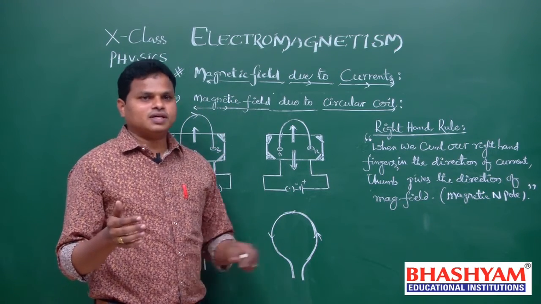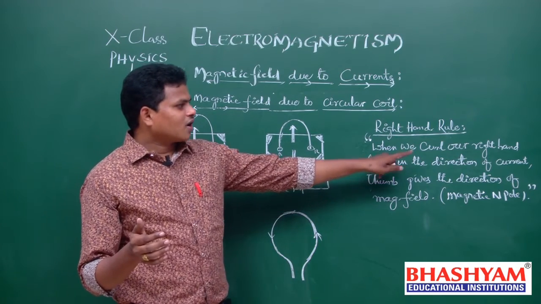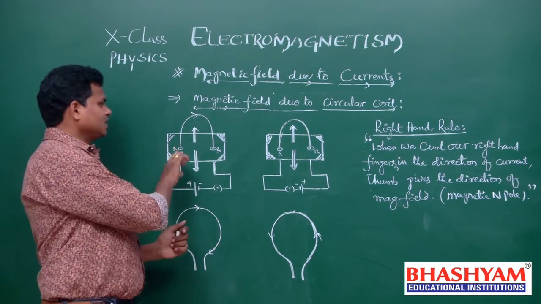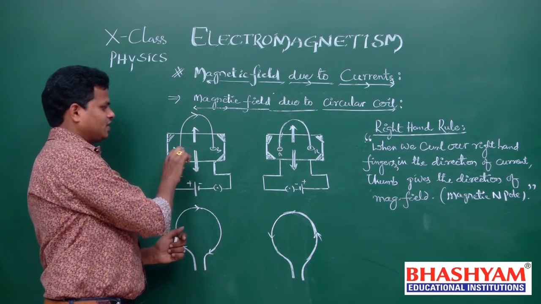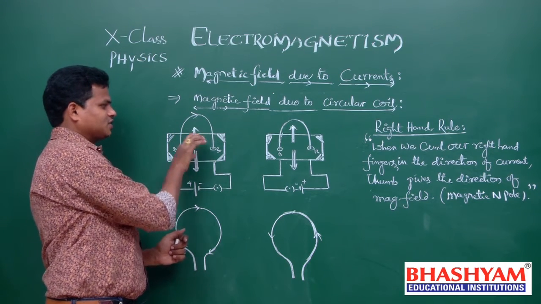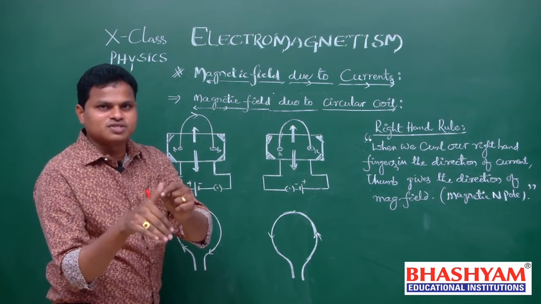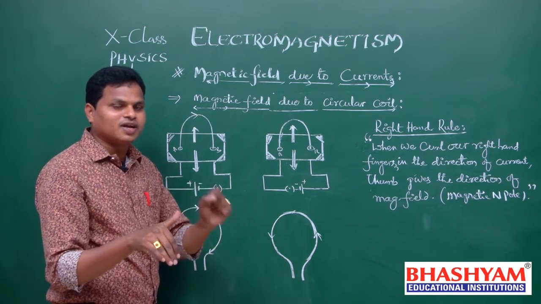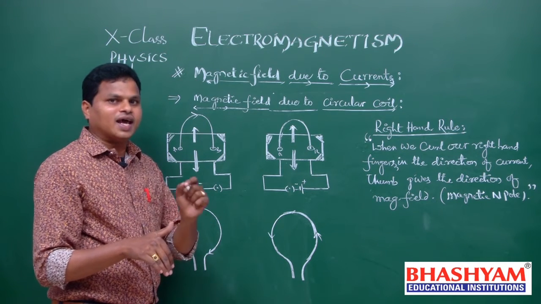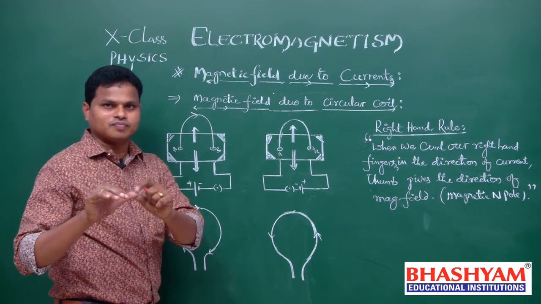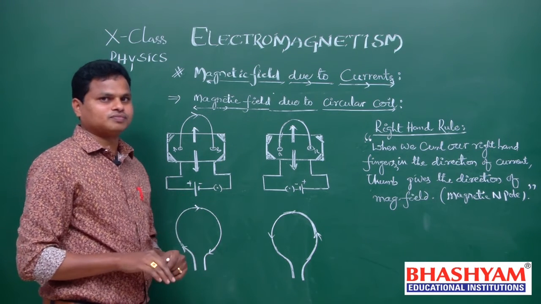Now when you curl your right hand fingers in the direction of current, this is the direction of current, it is a clockwise direction. Now this thumb gives the direction of magnetic field, meaning the direction of the magnetic north pole. Thumb gives magnetic north pole.